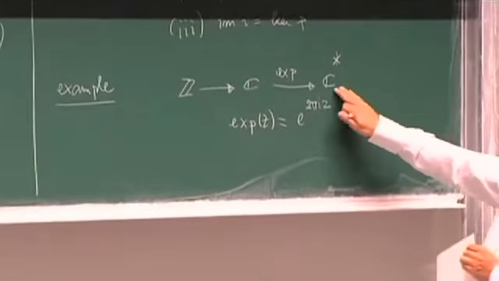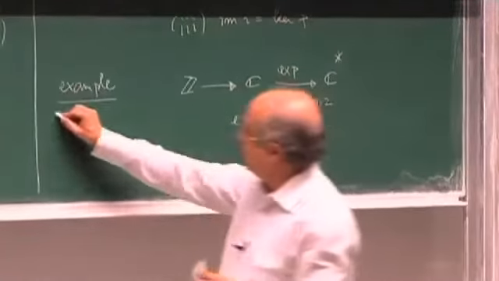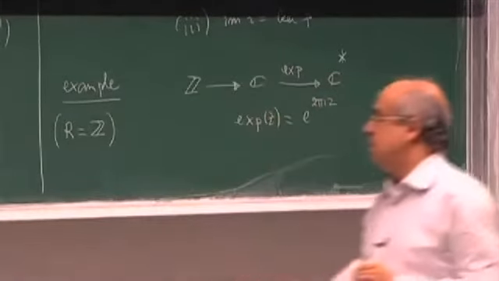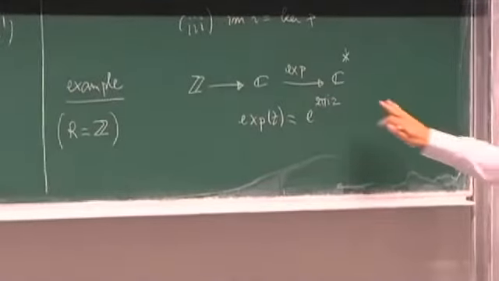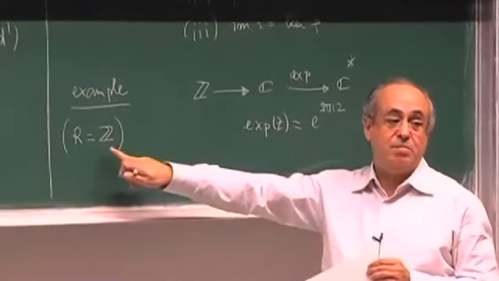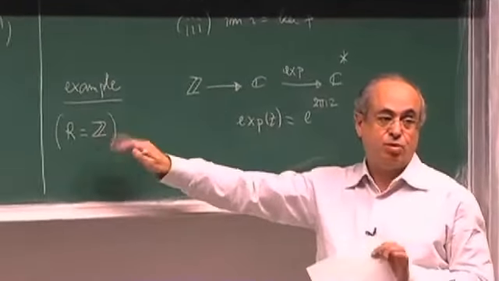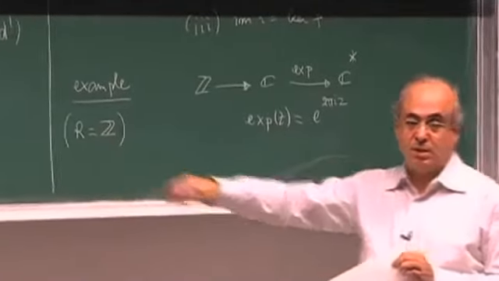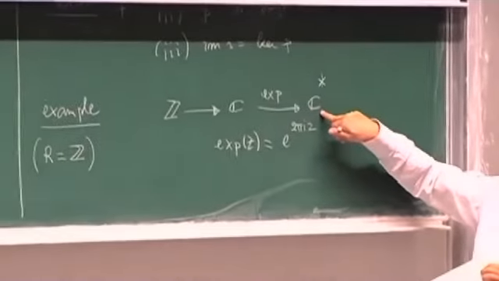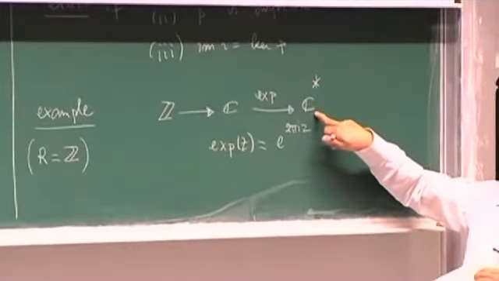There's non-zero complex numbers, so in this case the ring is Z. And by the way, to be a Z module is the same thing as being an abelian group. The two notions are exactly the same. And C star is definitely an abelian group with its multiplicative structure.